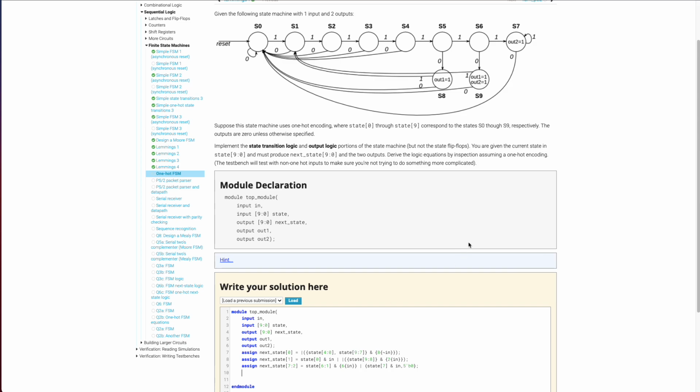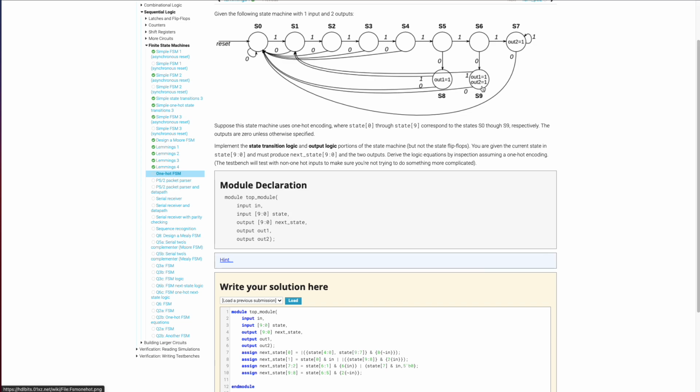Okay, so now let's handle what goes in S8 and 9. As far as I can tell, there's only 2 arrows, so equals state of 6, 5, and 2 of not in goes here.